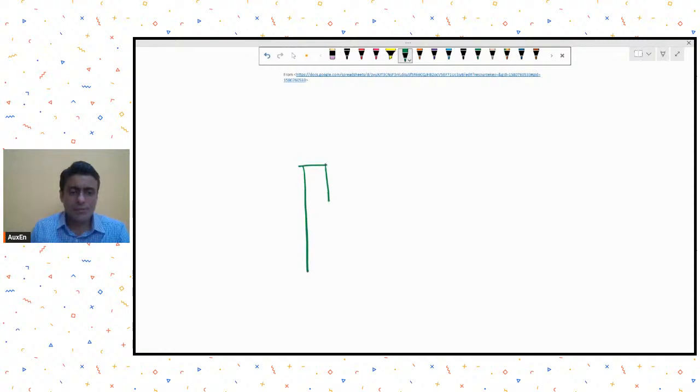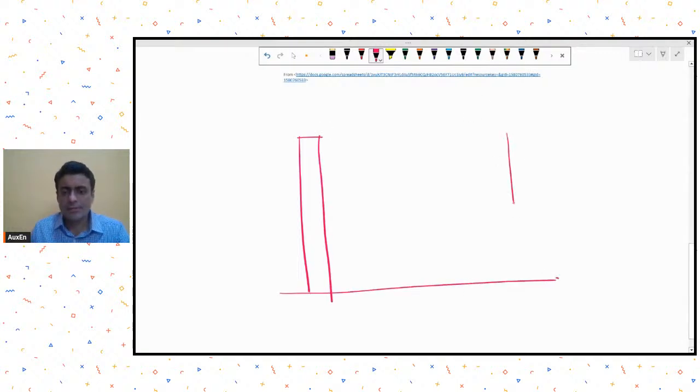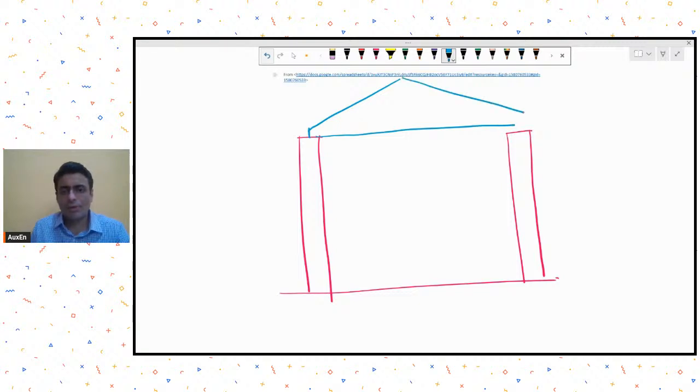So suppose this is my column, whatever steel column it was. Don't worry about the steel cross section. Just assume that this is a column right now, and then this is my another column, and now here I have a truss. Usually, for this type of truss, when we do our normal study, we assume this truss to be a pin roller type of arrangement, isn't it?